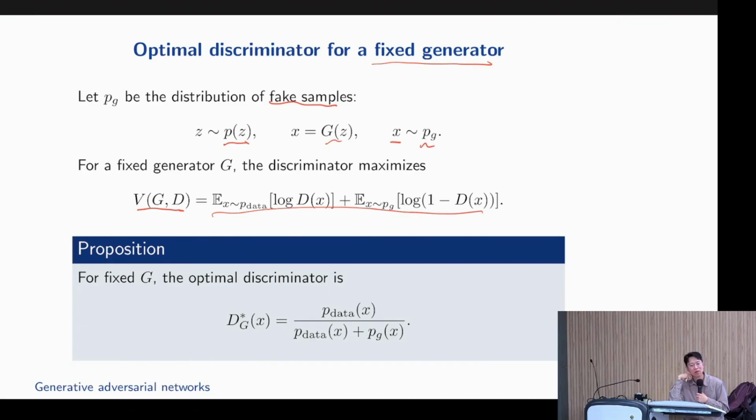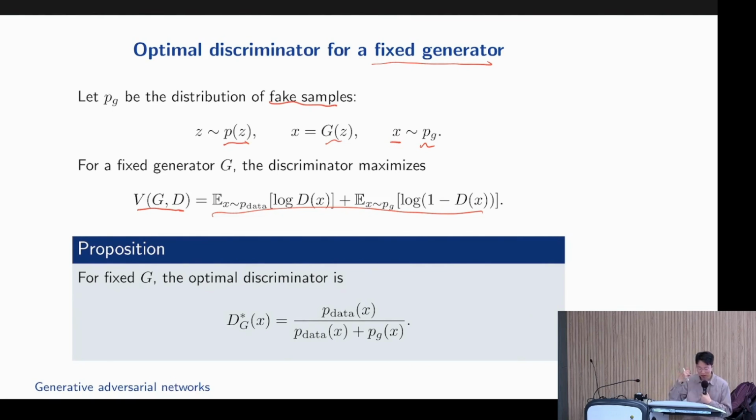What happens then? We worked out the analytic form of the optimal discriminator for some fixed G. So what if G is perfect? Can you speak up? And then what happens?